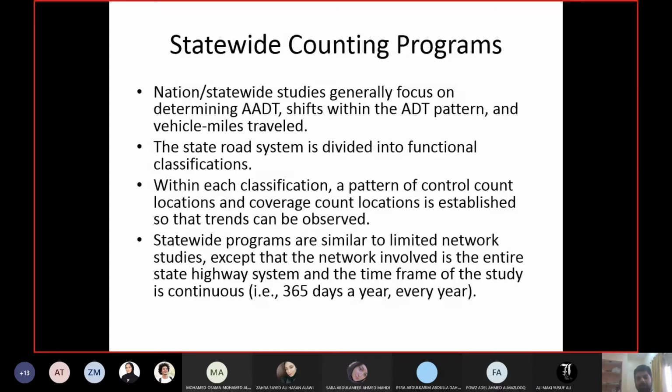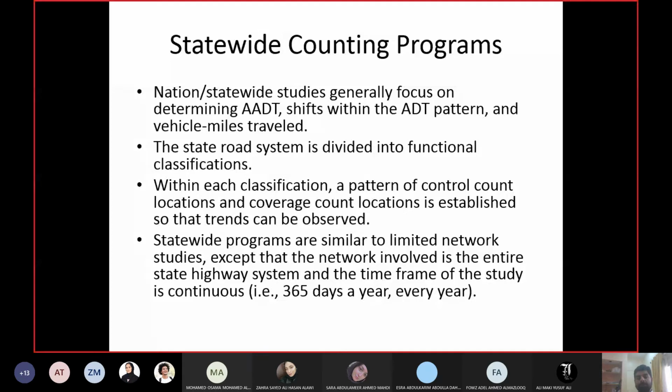So statewide counting programs, as I said, the study period is the whole year. And obviously you are the government, the transportation management authority. So your work is not done in 1 year. It's your continuous responsibility to look out for the highways, right?